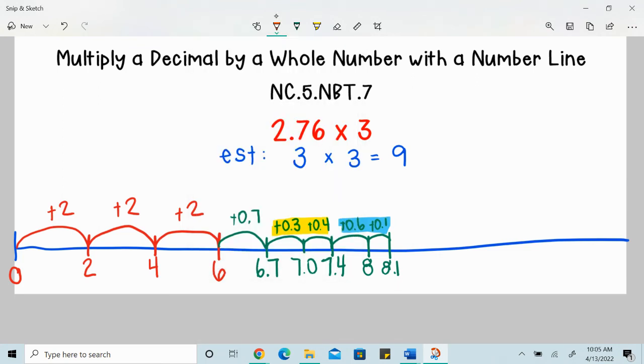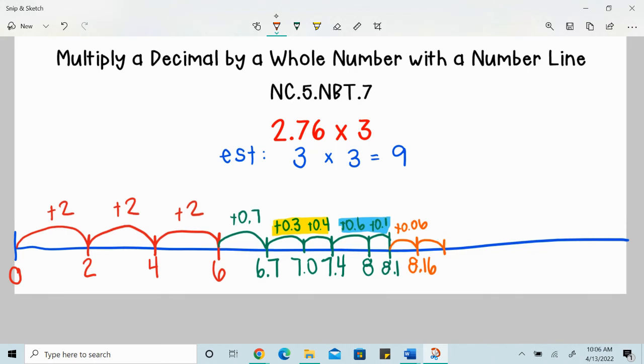And now we need to show the last part of this 2 and 76 hundredths, which was the 6 hundredths. And I know I need that 3 times. So I'm going to make one jump of 6 hundredths. And I know that 8 and 1 tenth plus 6 hundredths would be 8 and 16 hundredths.